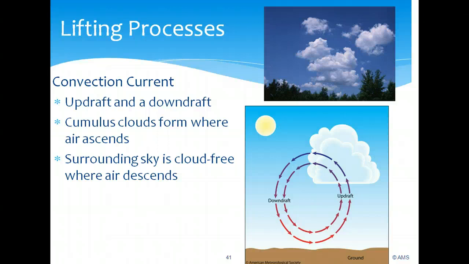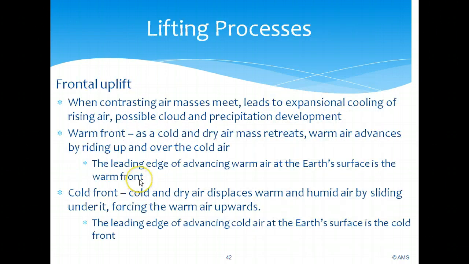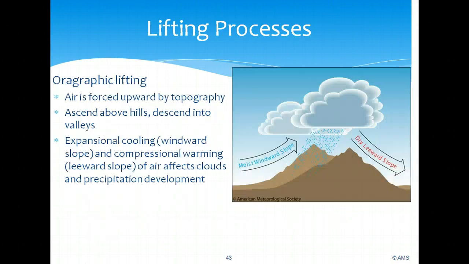All of these may cause the lifting process. This slide describes the lifting process relative to the meeting of contrasting air masses, that is, as in a front, cold and warm.